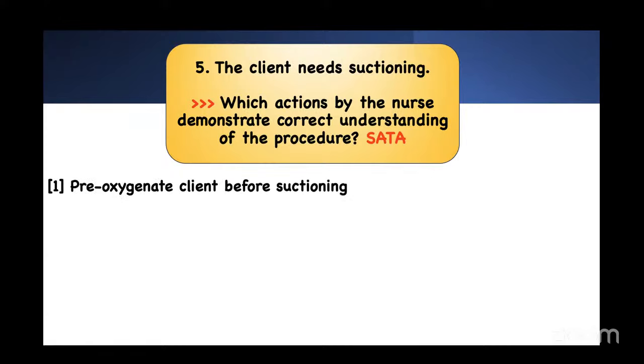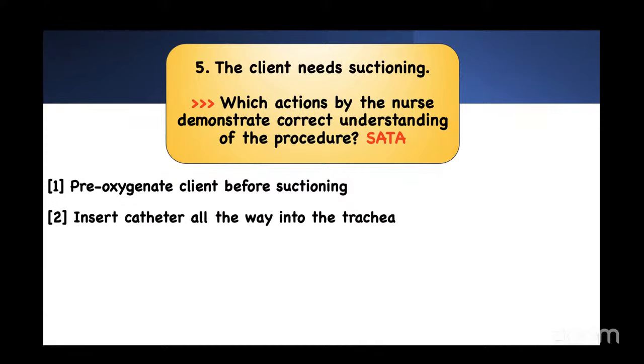Do you pre-oxygenate the patient before that? What do you think? If you know the answer, you can put it in the comment. Do you have to pre-oxygenate the patient before you suction them? Do you insert the catheter all the way into the trachea? Think about it. Do you apply the suction while inserting the catheter?